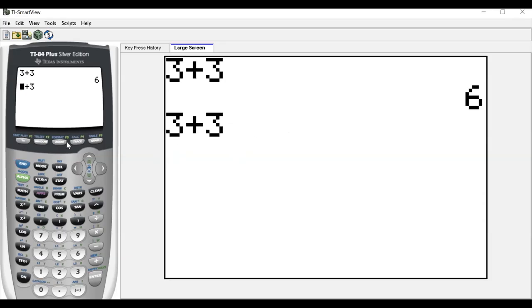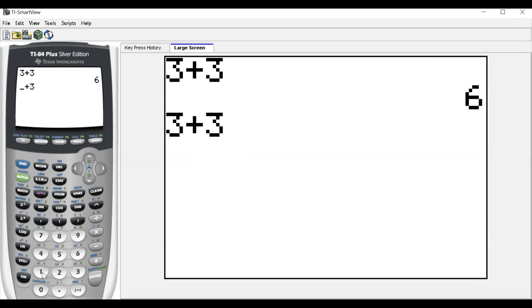So I'd go and highlight that 3, and I would press second, and then this DEL, because the second button will activate the blue letters right above the button. So pressing second will activate the blue letters right above the DEL, which is this INS. INS stands for insert. So I'm trying to insert a 1.